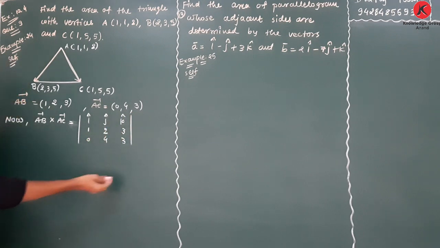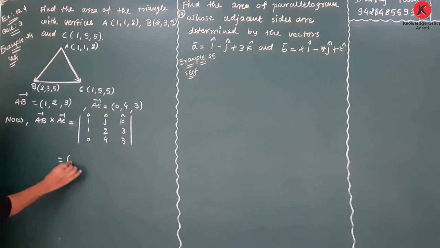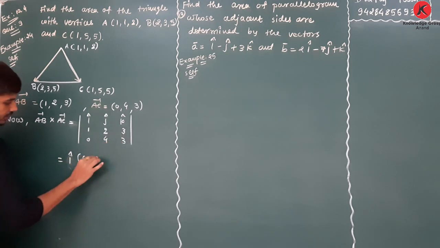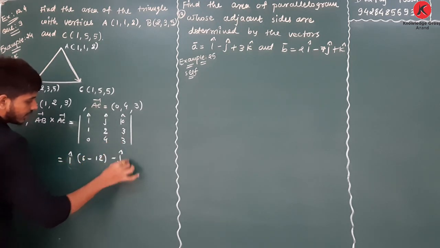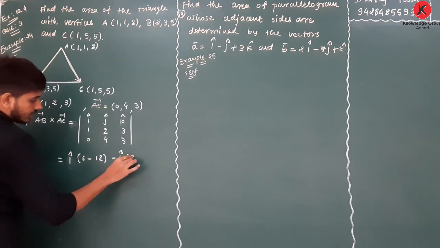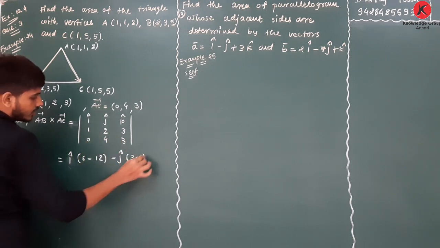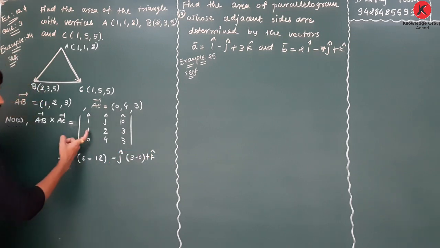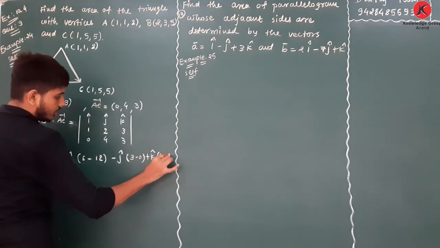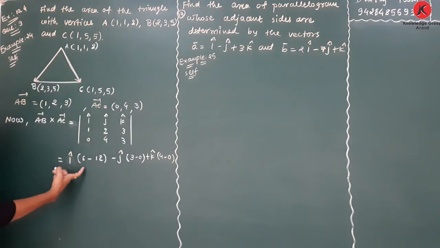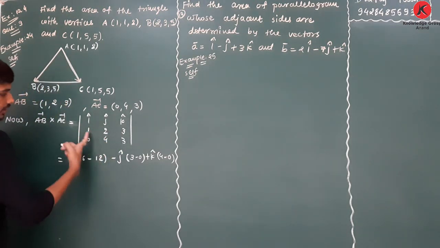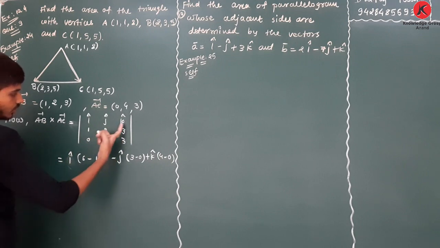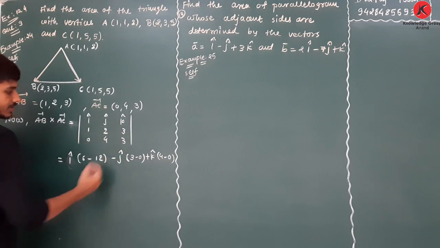આ રીતે કરો કાં તો પછી ડાયરેક્ટ લઈ લો સિમ્પ્લિફિકેશન તો પણ વાંધો નથી. ચલો આની સાથે શું આવશે? i cap times 2 into 3 is 6 minus 4 times 3 is 12, minus j cap times 1 into 3, 3 minus 0, plus k cap times 4 minus 0.